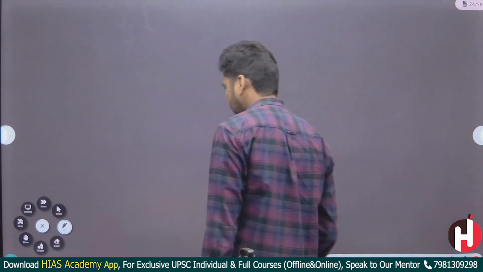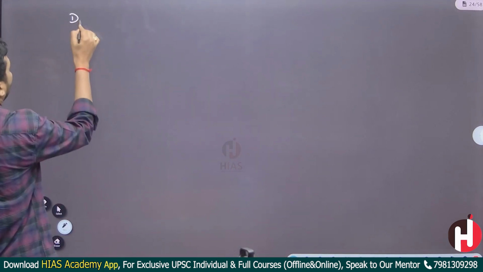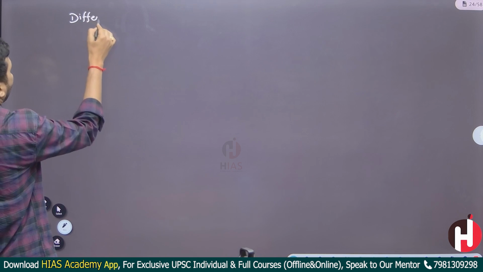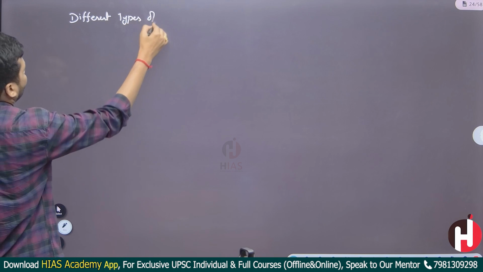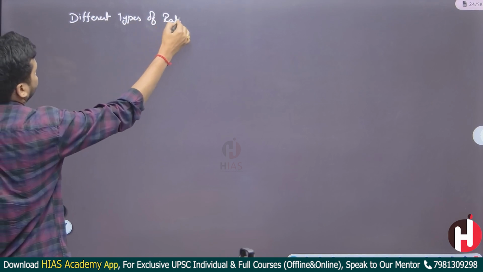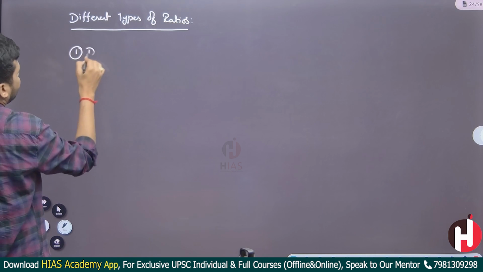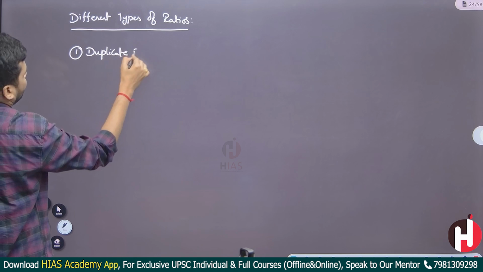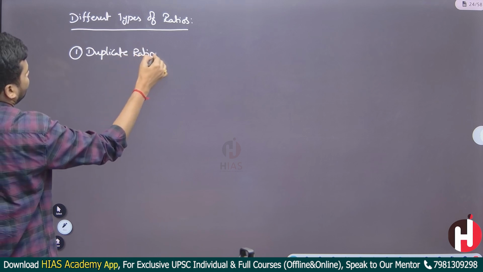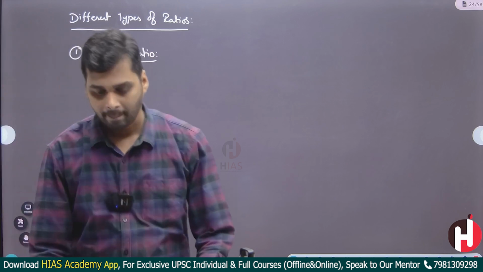Different types of ratios. The first one is duplicate ratio. The first type of ratio is what? Duplicate ratio.